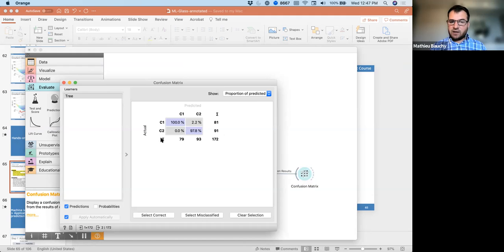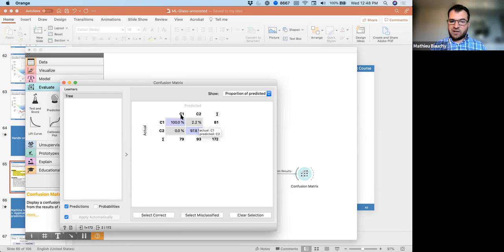Each line here corresponds to the actual color of each data point. So for example, here you have the red and the blue data points. Each line is the actual color of the data points, and each column corresponds to the prediction of the model.